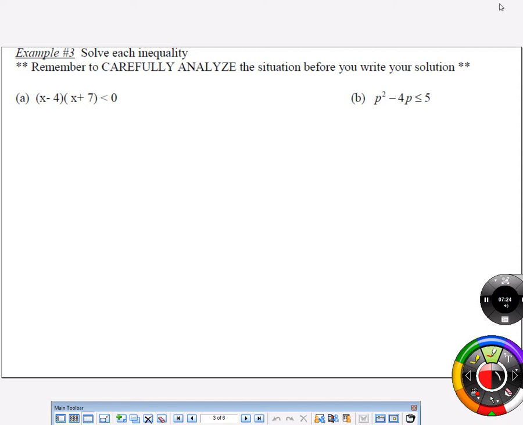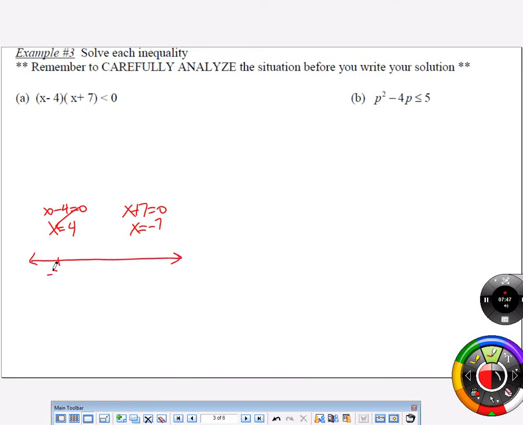So it's already set up so that everything's equal to 0. I want to know when this factor will equal 0, which is when x is 4. And I want to know when this factor will equal 0, which is when x is negative 7. So negative 7 and positive 4 are my important, pivotal points on my number line.